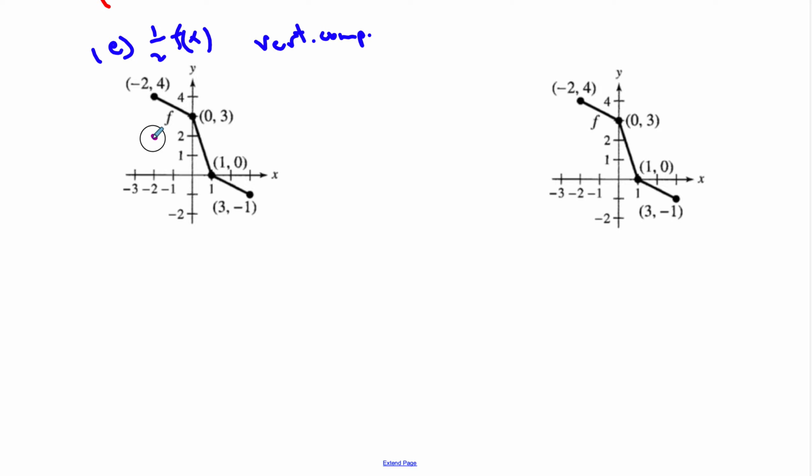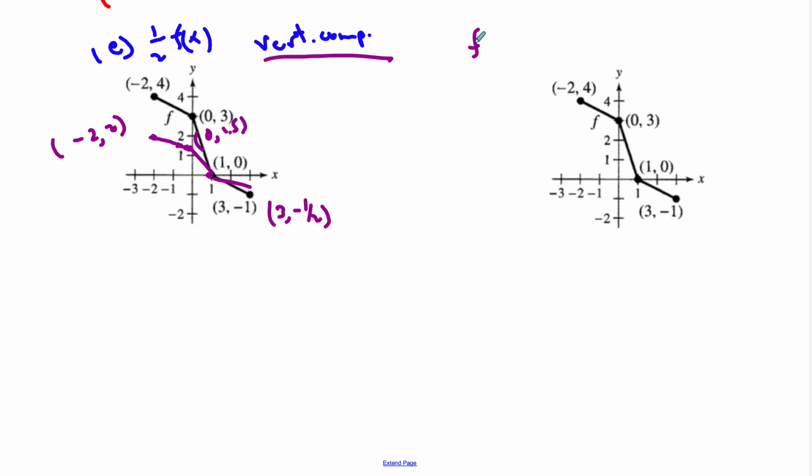It is not going to change in terms of the x. 1/2 of 3 is 1.5. 1/2 of 0, well, once again, these compressions don't actually affect anything that is on the axis. And then 1/2 of -1 is -1/2, if you like fractions, is right there. So that would be a vertical compression. If you take a look, it's like we squish the graph closer towards the x-axis.